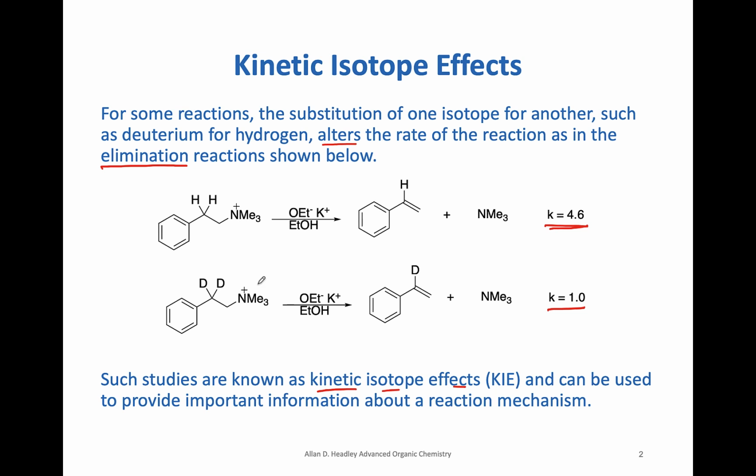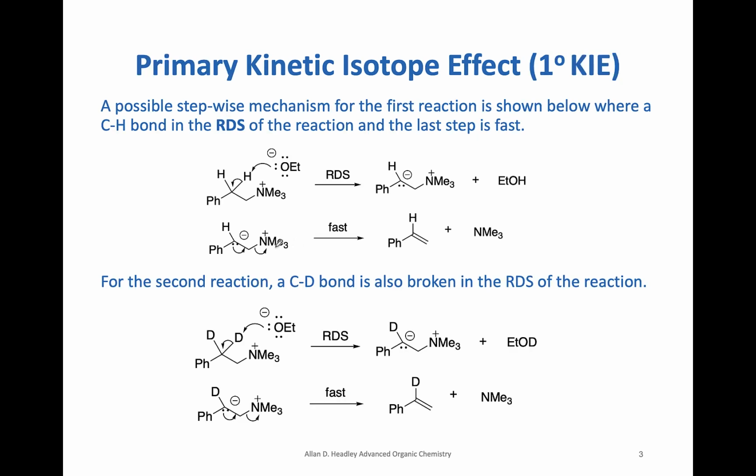So let's see if we can utilize this information. A possible stepwise mechanism that we have seen from our general organic chemistry course is that the base abstracts this hydrogen to put two electrons here, and that could be the rate determining step. And of course, in a fast step, we have the elimination.